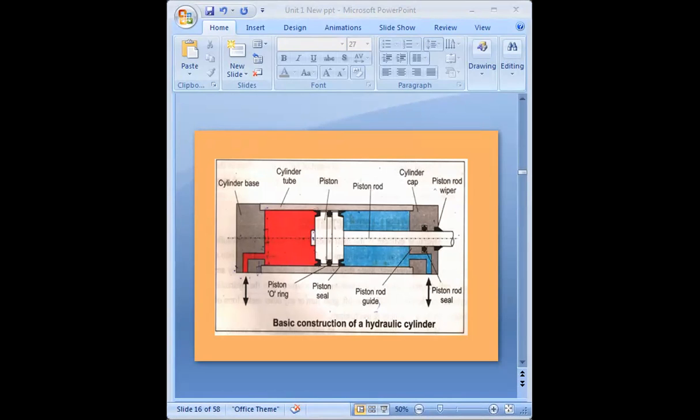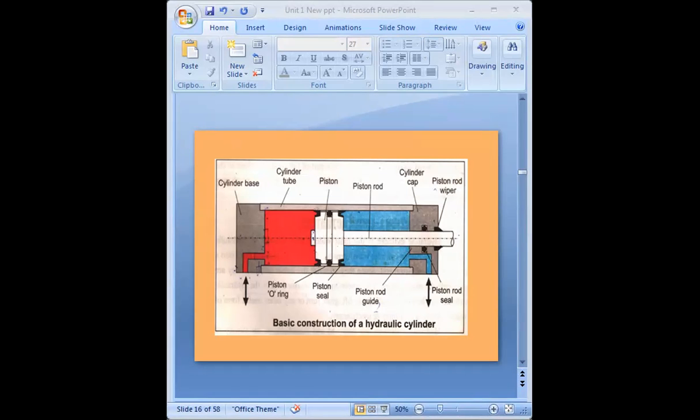In the exam, the question may ask like that: explain hydraulic cylinder, basic construction of a hydraulic cylinder with a neat sketch or with a schematic diagram. So at that time, if the question is for 6 marks, then minimum 3 marks will be for the diagram, and the remaining 3 marks will be for explanation.